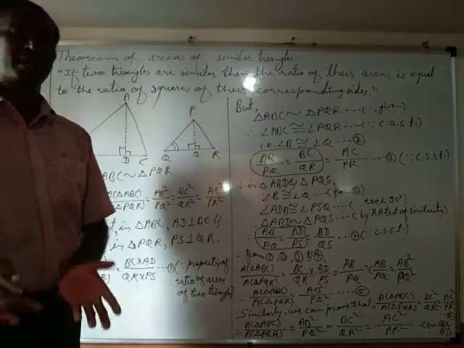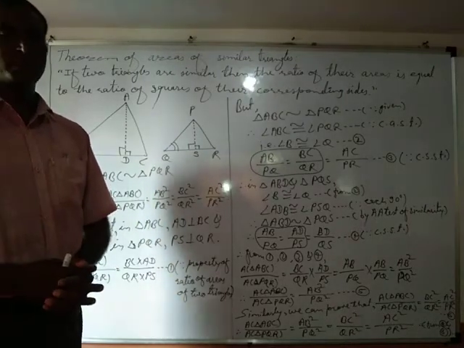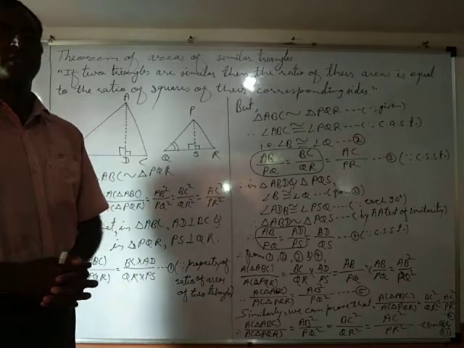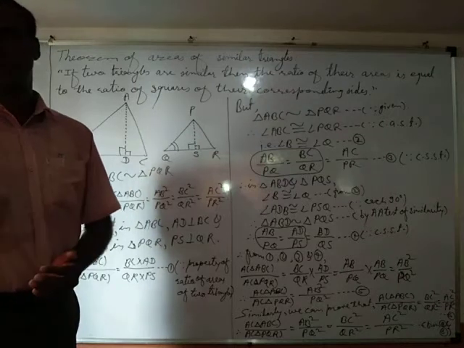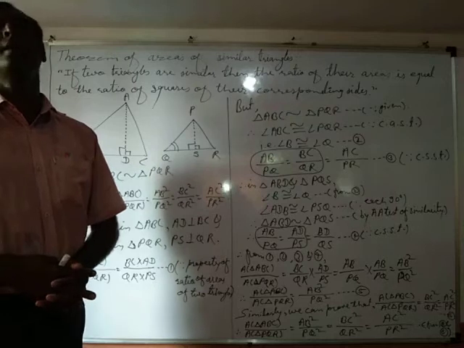That's why the ratio of the areas of two similar triangles is equal to the ratio of the squares of their corresponding sides, or heights, or medians, or perimeters.